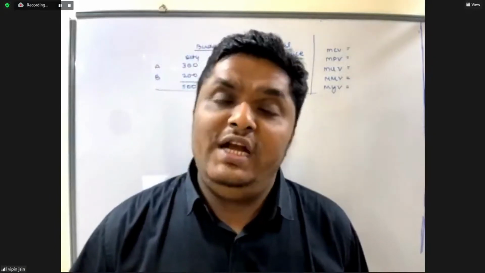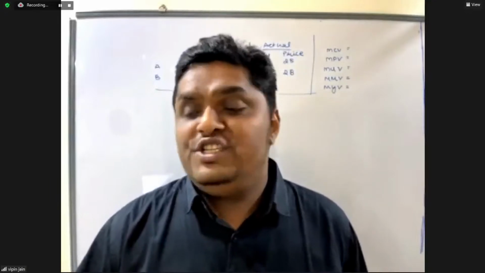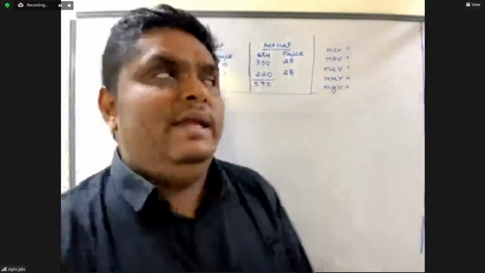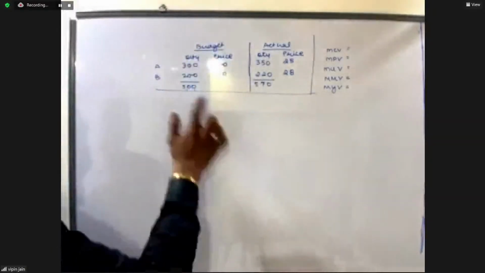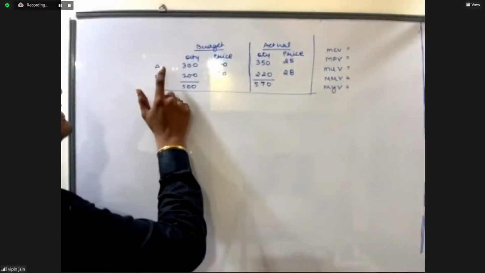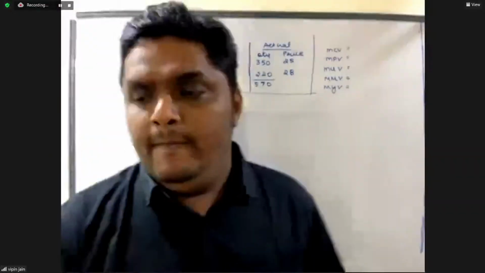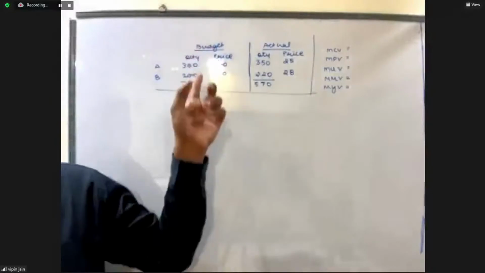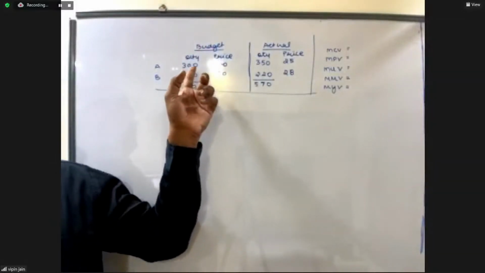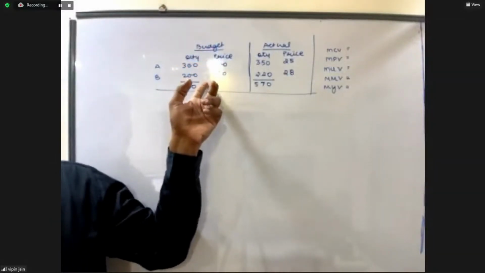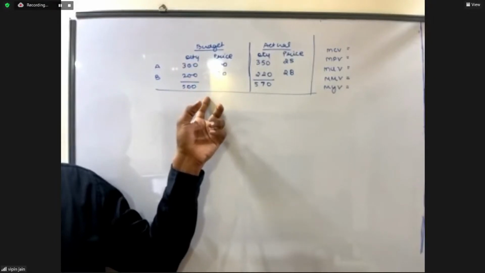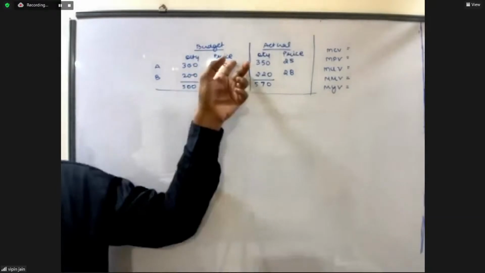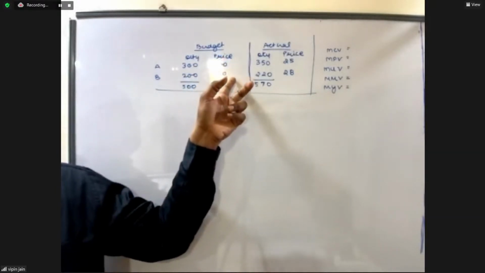Again, before starting with the solution, read the question carefully. Anupam Tiwari, when talking about the question, the budgeted data is given. That is, we are using two types of raw material, that is A and B. Again, 300 units of A, 200 units of B. The total input is 500. When talking about the price, it is 20 and 30.